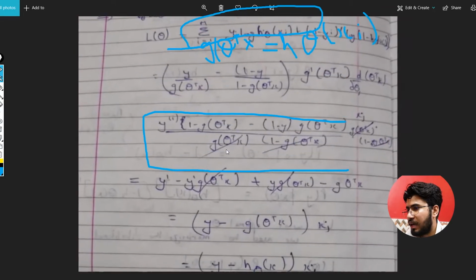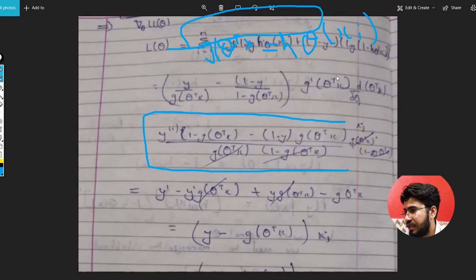This is going to cancel out with this, and we will be left with xj, or you can say x for now. And why are we left with xj? Because we are also going to use the differentiation on this part.